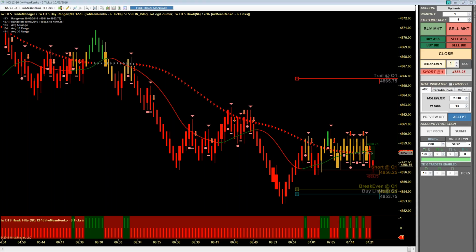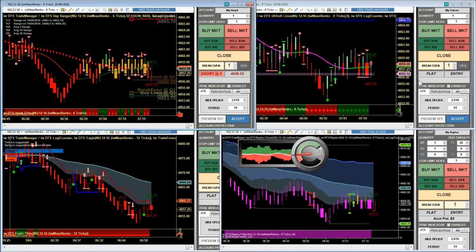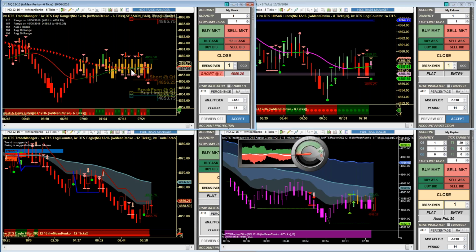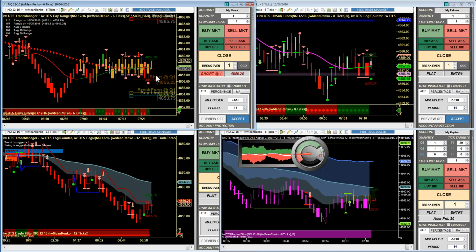Let's go. Oh, it's brutal. Of course, all these yellow bars also characteristic of a sideways and choppy market. And I'm not liking the reluctance here to head lower.